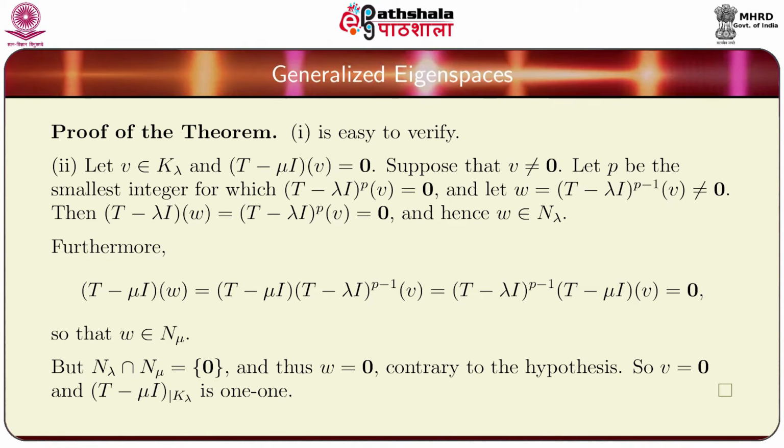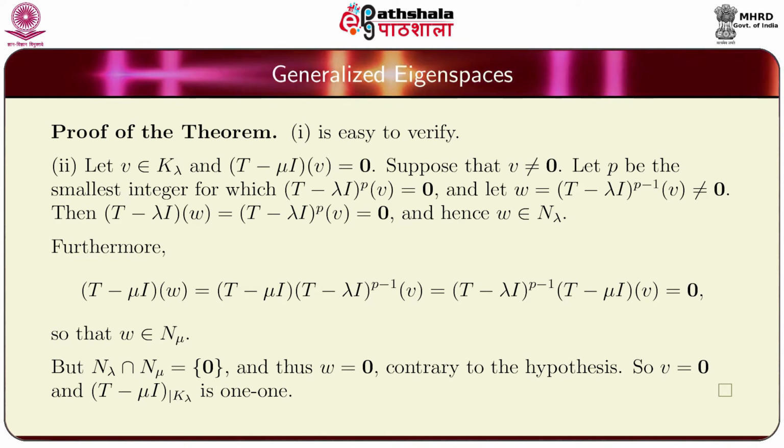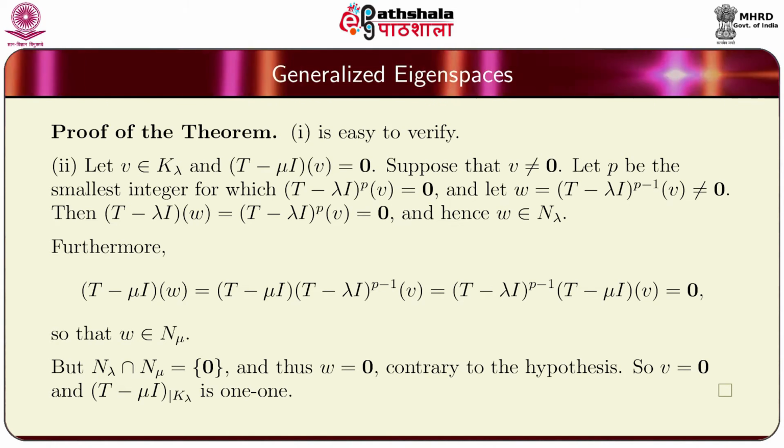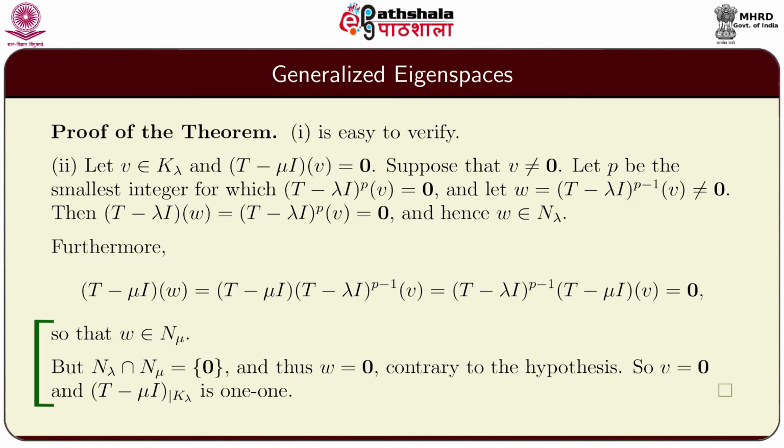So the vector w actually belongs to N_μ, but λ and μ are different, and therefore, the only vector shared by N_λ and N_μ is the 0 vector.